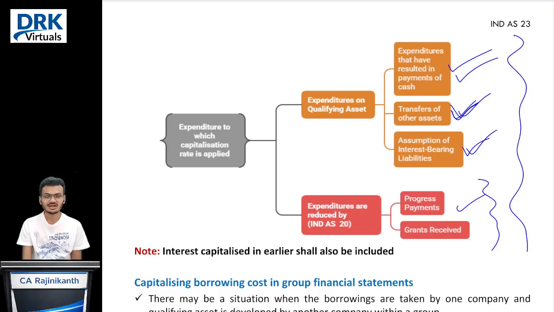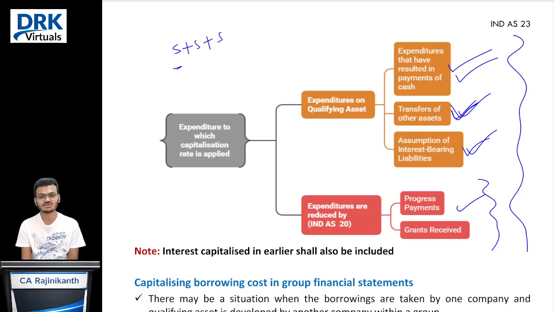Clear? One more thing I would like to tell you is, suppose we are in the second financial year. For the first financial year, it is very simple, what we have discussed. In the second financial year, in step 2, we should start with the opening balance. It means the carrying amount of the qualifying asset. Whatever expenses we added in step 2 of the first financial year, you take all those amounts. Suppose in our discussion we incurred one expense on 1st April, another on 1st July, another on 1st January.